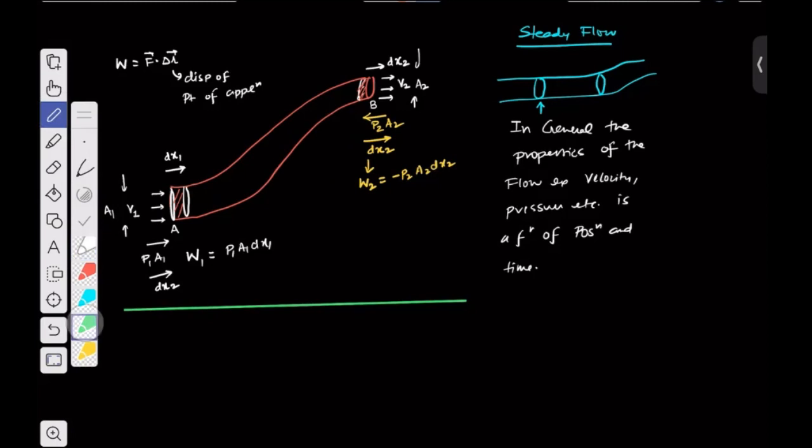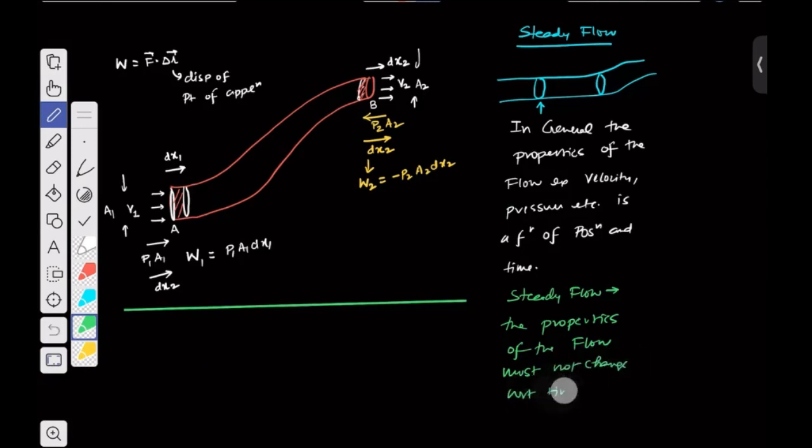Steady flow means the properties of the flow must not change with respect to time if position is fixed.